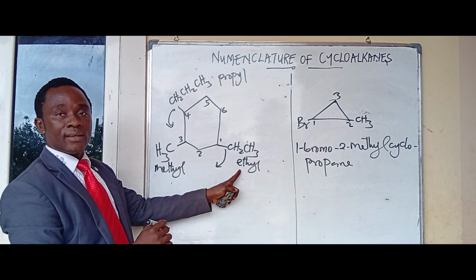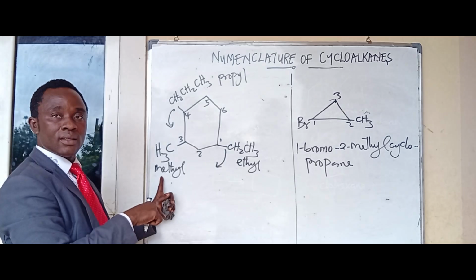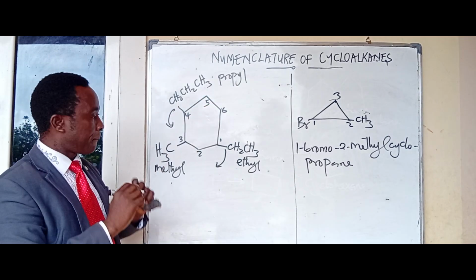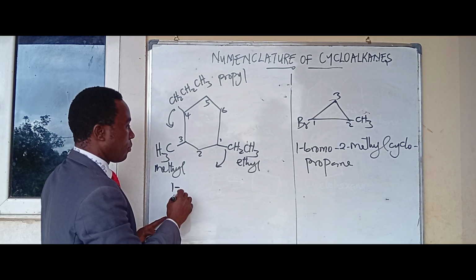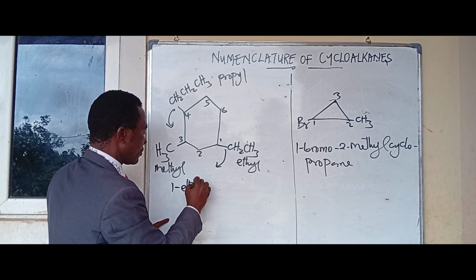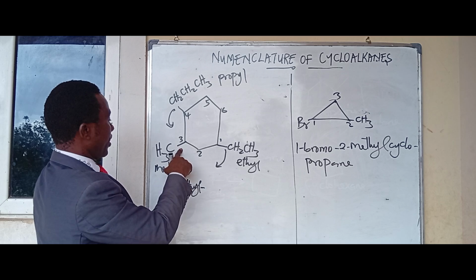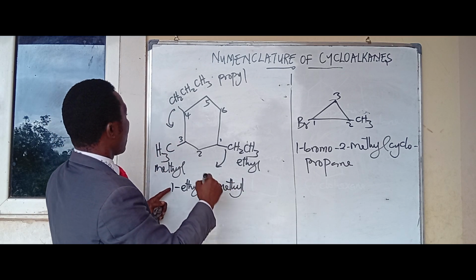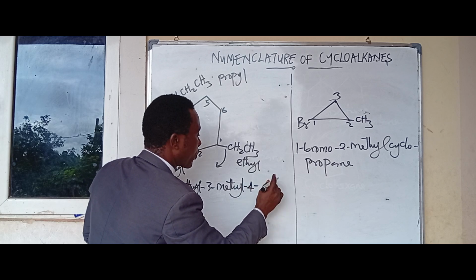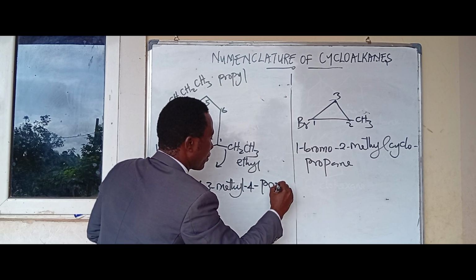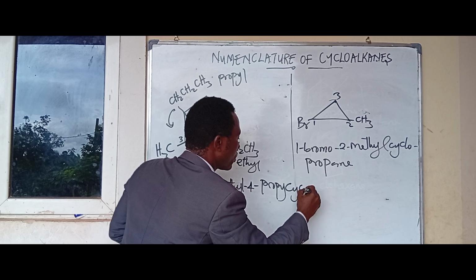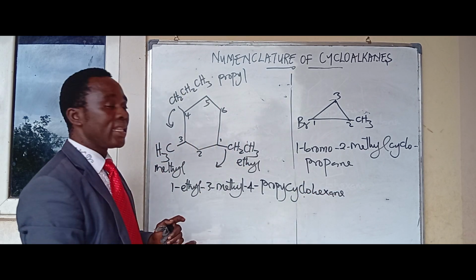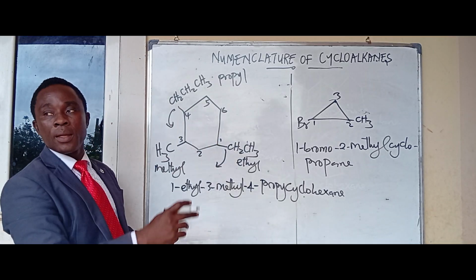So we name ethyl E before methyl M, and after methyl we can name propyl, which is P. Now this will become 1-ethyl, 3-methyl, and 4-propyl cyclohexane. That becomes the name when we name through this method.